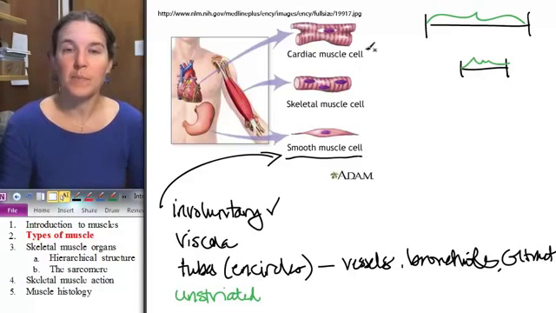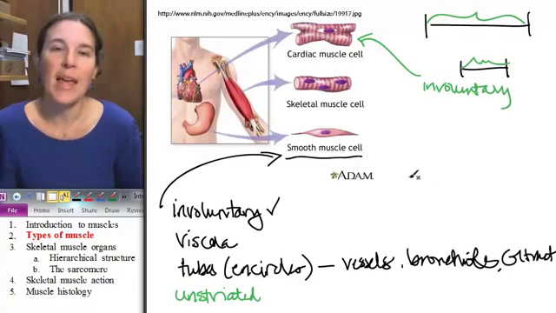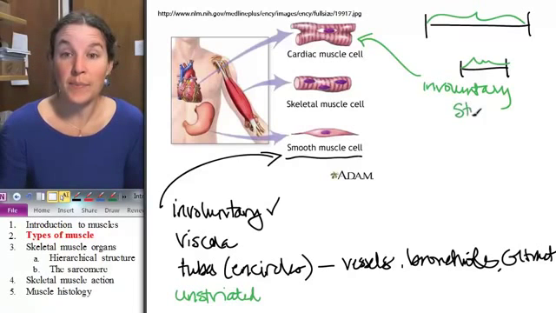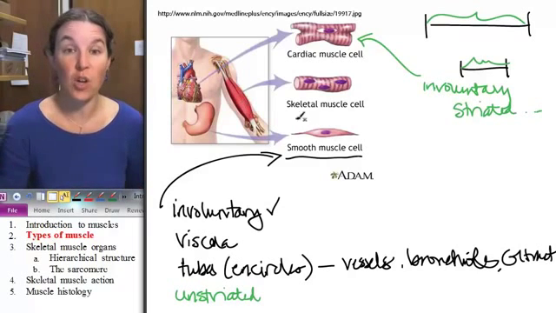Cardiac muscle. Cardiac muscle is considered also involuntary. However, what do you notice about cardiac muscle? It's striated. And this we'll figure out in a second, what those striations are.